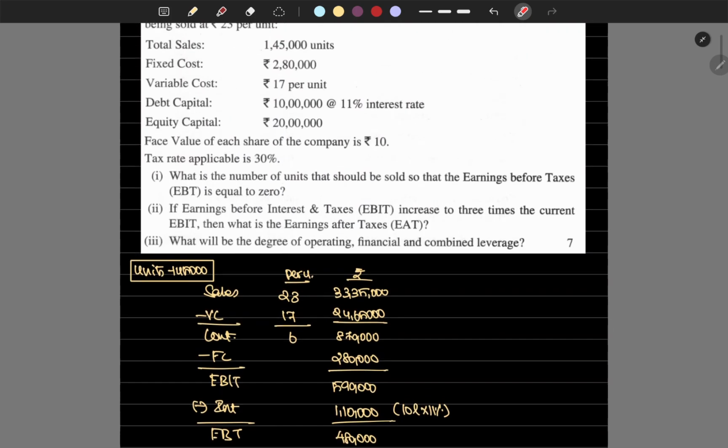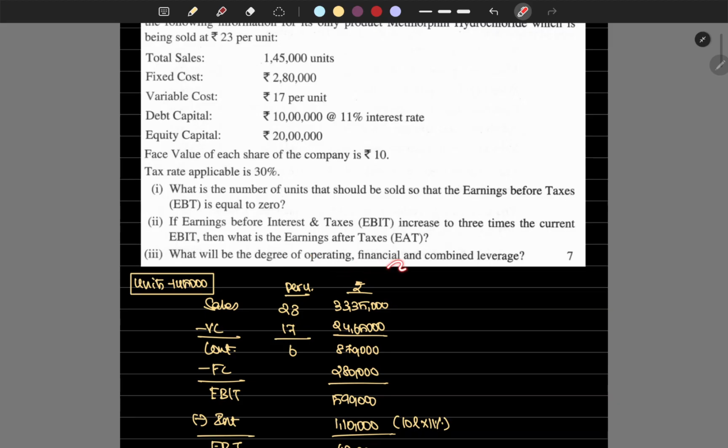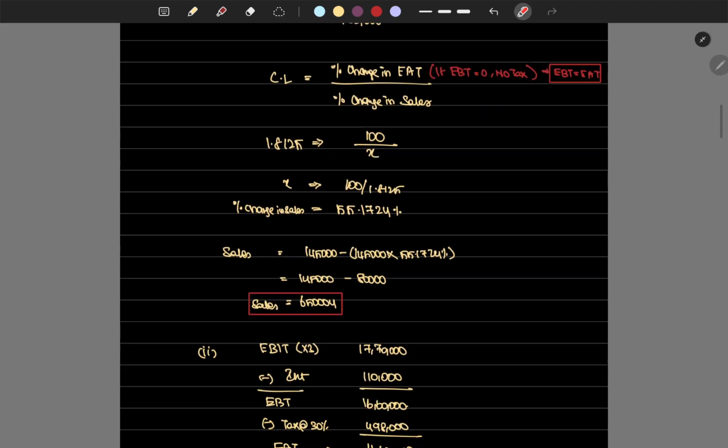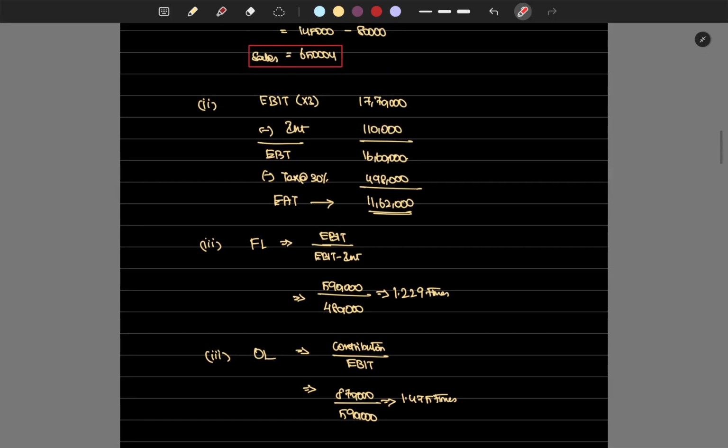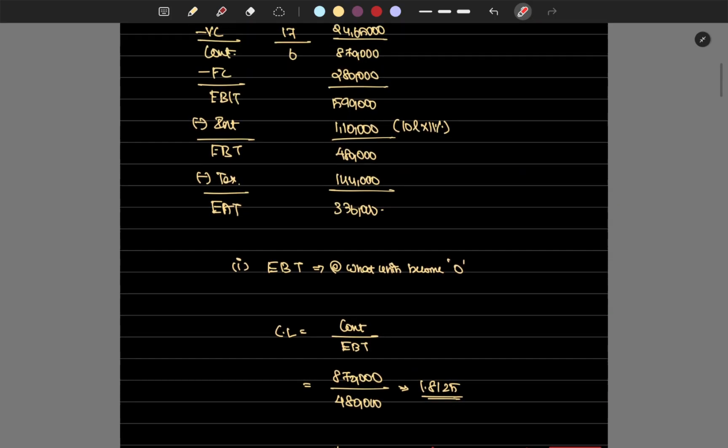And what else they have asked is, what will be the degree of operating, financial and combined leverage? We are going to find out the financial leverage and the operating leverage. Financial leverage deals with the financial items.